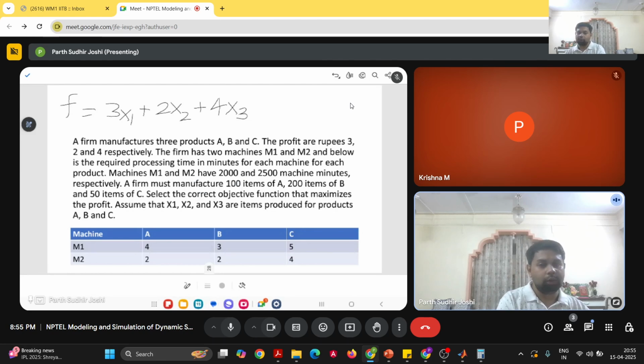Now, based on this given data, we can also write down the constraints.